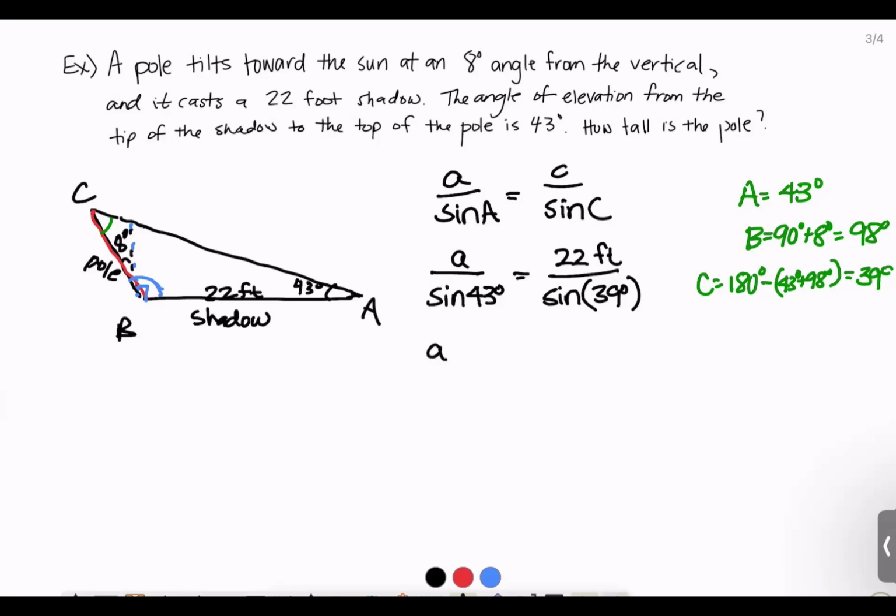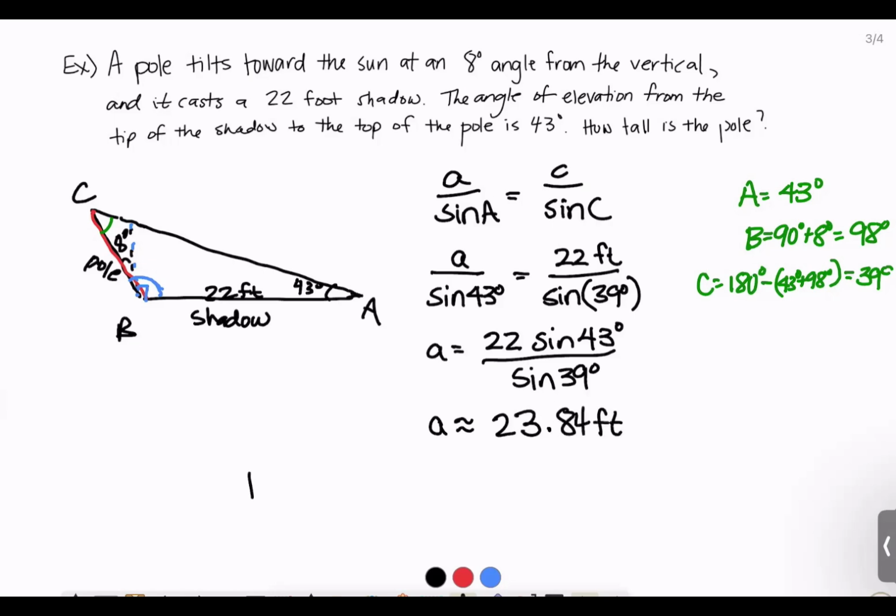So A is going to be equal to 22 times sine of 43 degrees divided by sine of 39 degrees. And that's going to come out to be approximately 23.84 feet. So the pole is 23.84 feet tall.